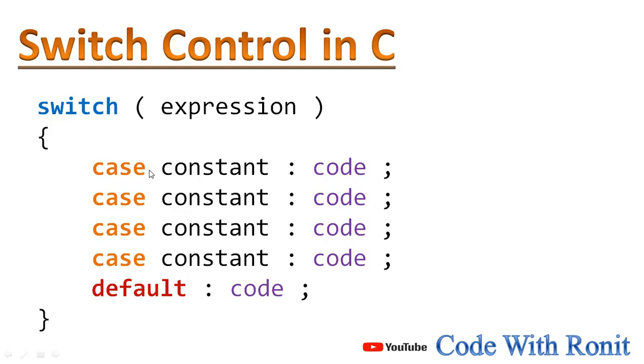After that, we have to put the value of the constant. Then a colon will be there, and the block of code to be executed will be there.